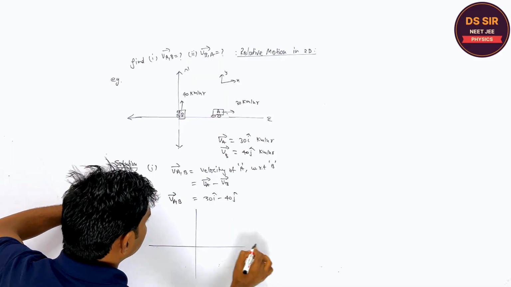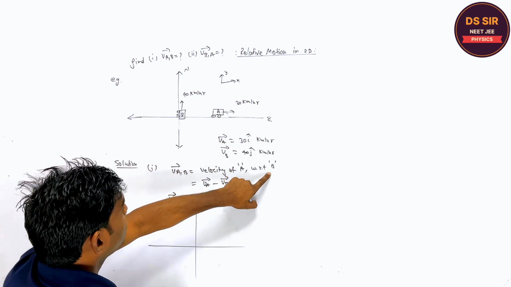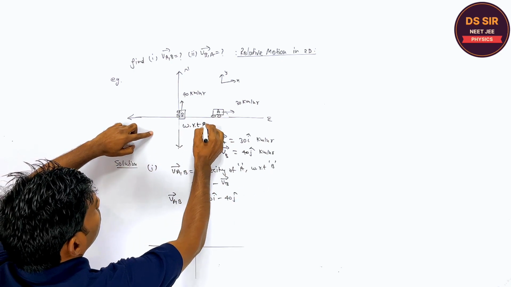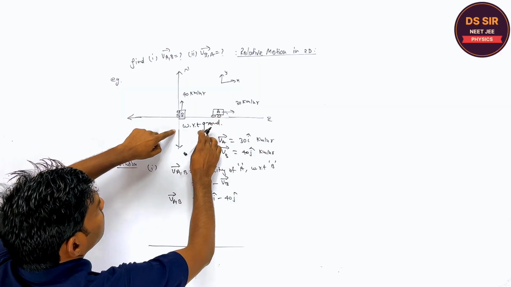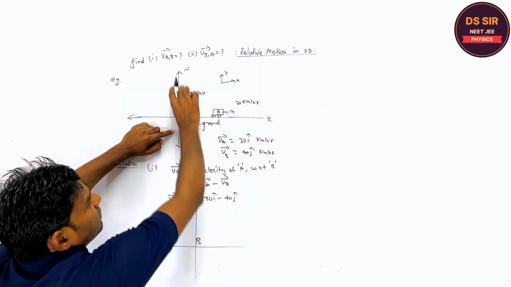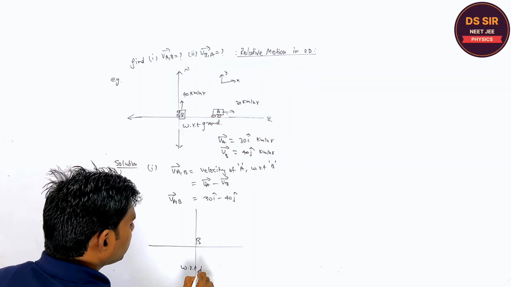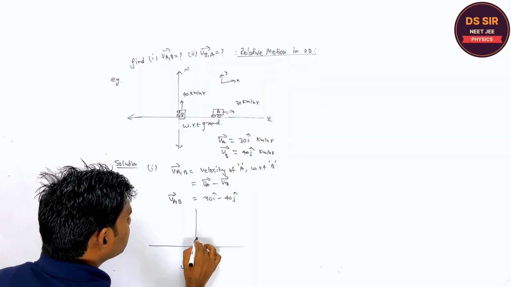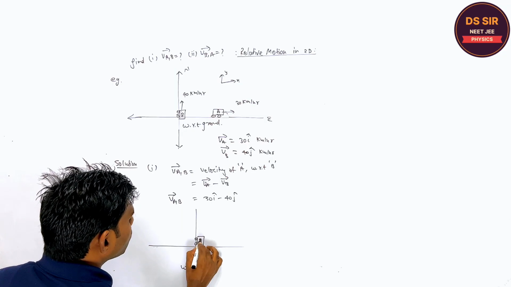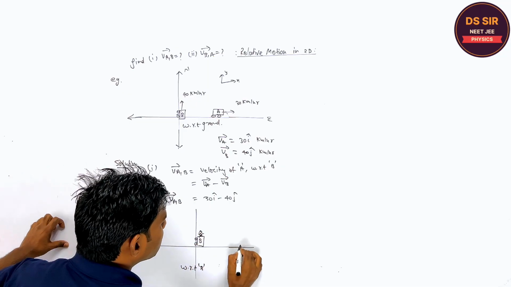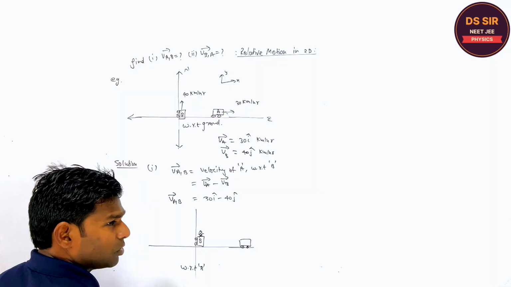What does it mean? With respect to ground, it is moving in this way and towards north. But if you want to make the figure with respect to B, then this is the car B, and you assume you are sitting over here and you are observing the car A, understood?